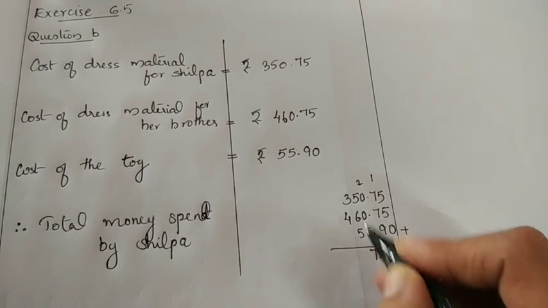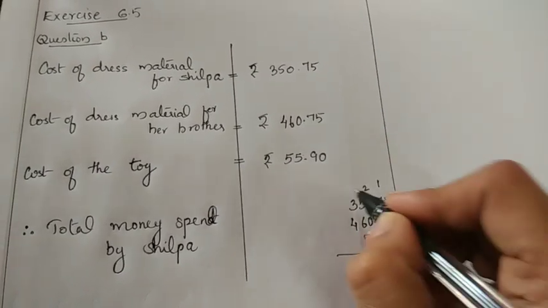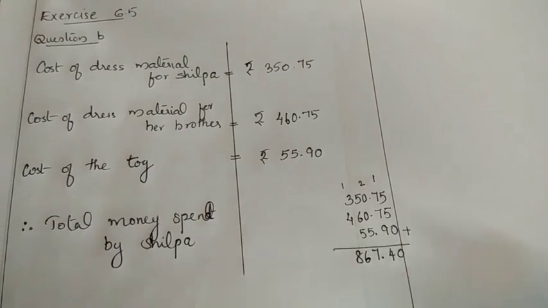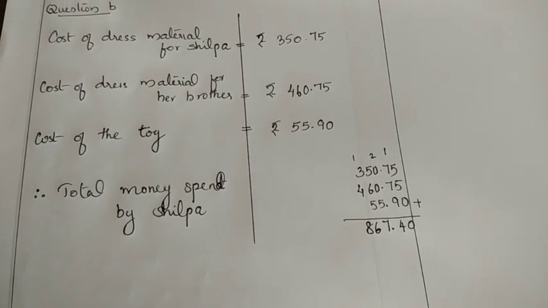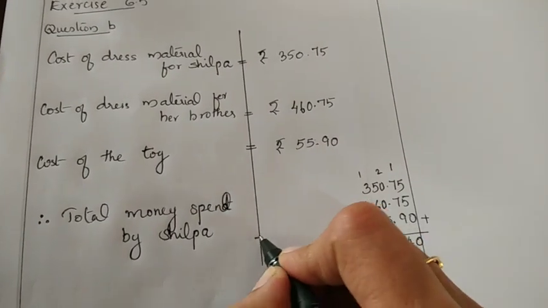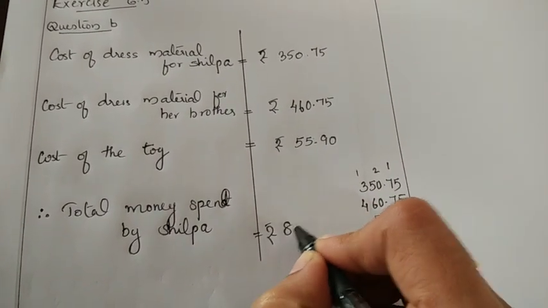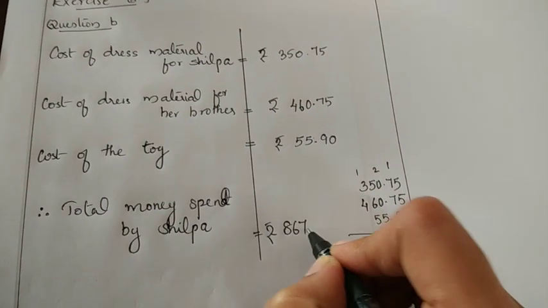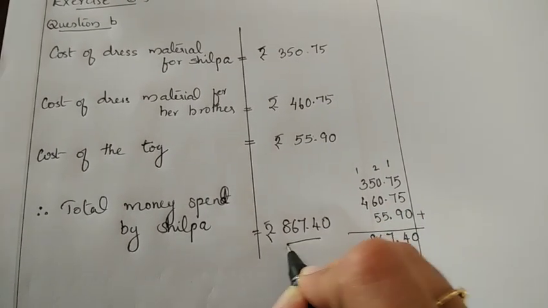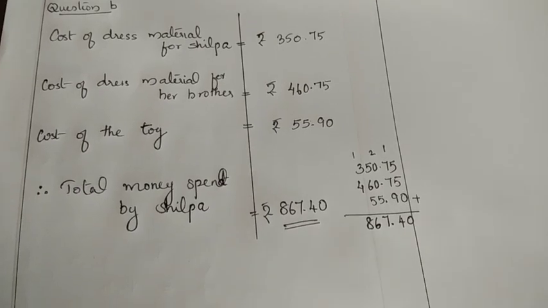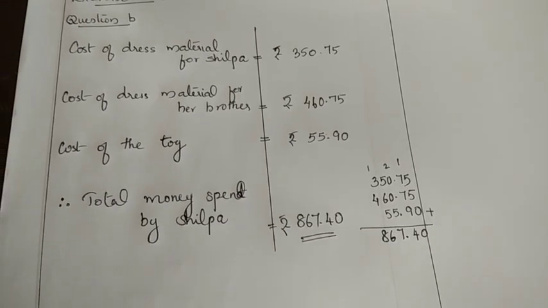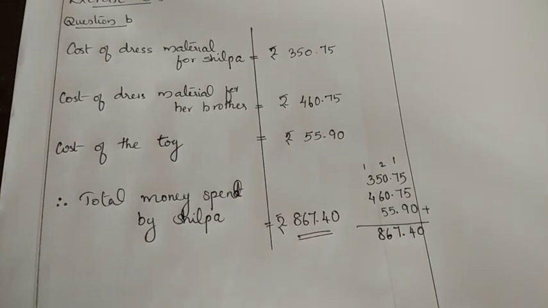Now 7, 16, 8. So total amount she spent is rupees 867.40. That is rupees 867 and 40 paisa. Please write this in your notebook.